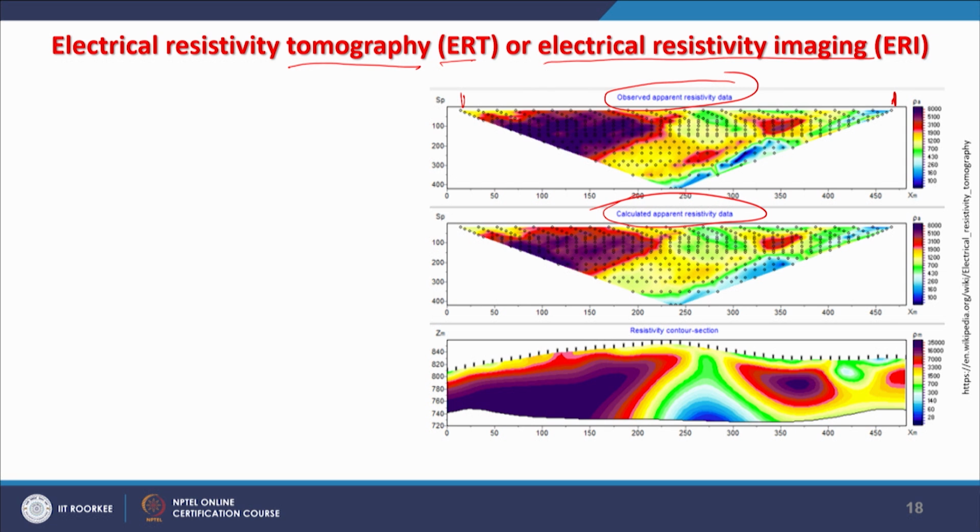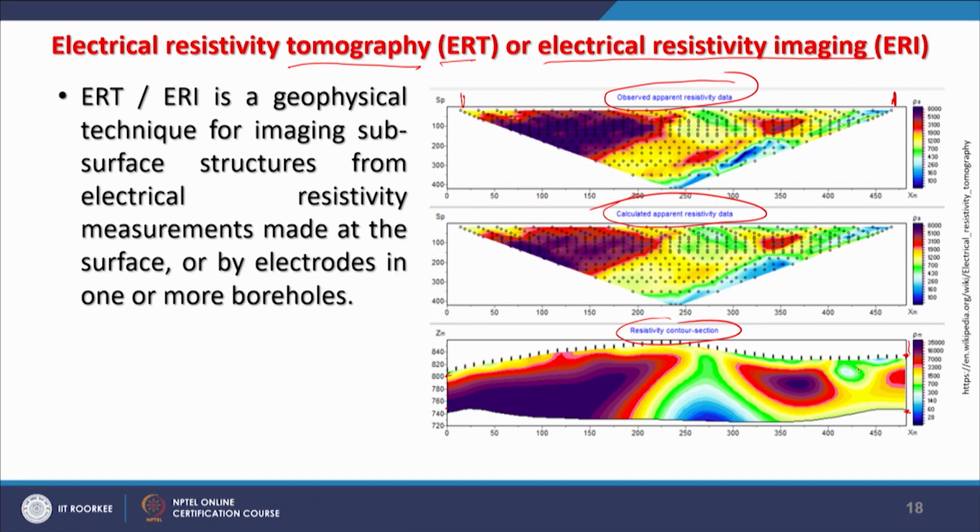And when you have resistivity contour sections, in the case of ERT, when boreholes are there, the data is coming from the subsurface through this tomography, and then you get a really good picture along a line of that area, as you can see in the bottom figure.